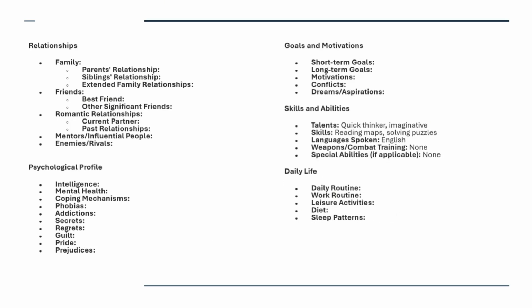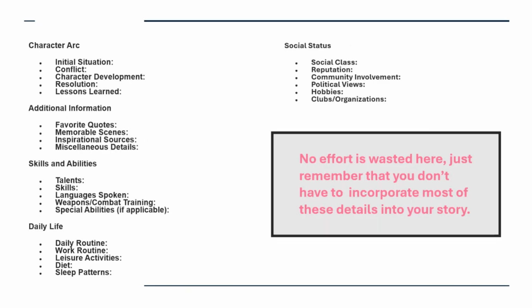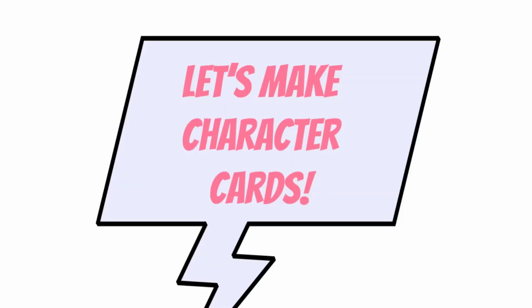So here we've got a little bit about psychology and relationships and daily life and their skills and abilities and their character arc and their daily life. It looks like I have skills and abilities twice, no problem. Again, no effort is wasted here. Just remember that you don't have to incorporate most of these details into your story directly.